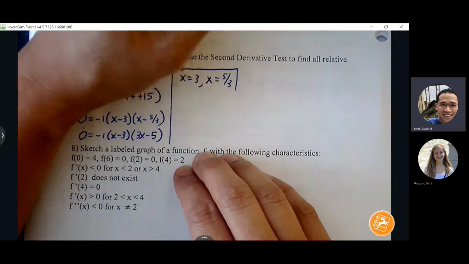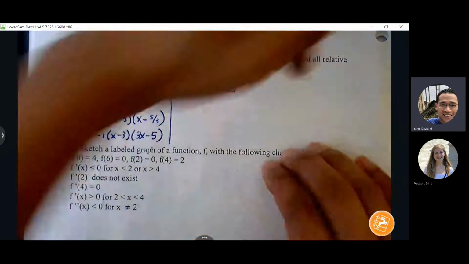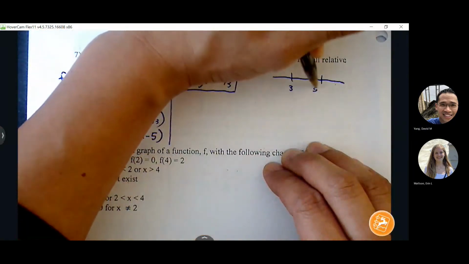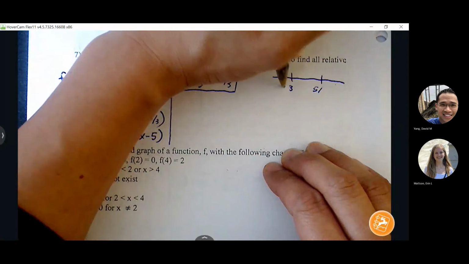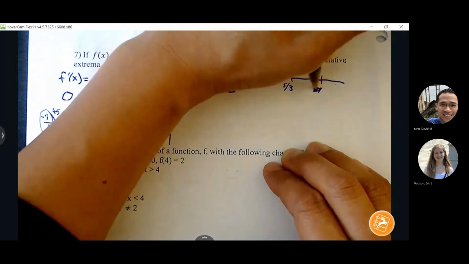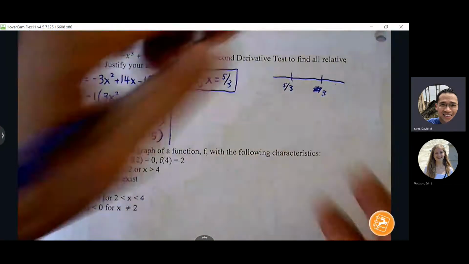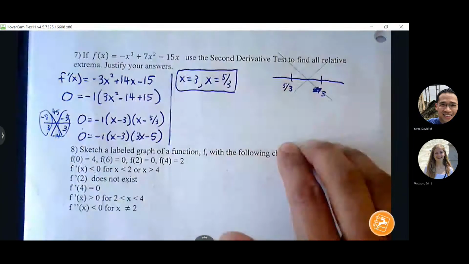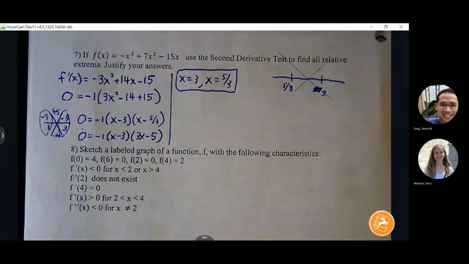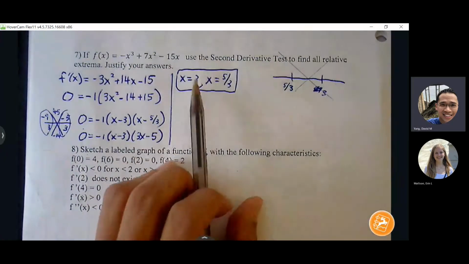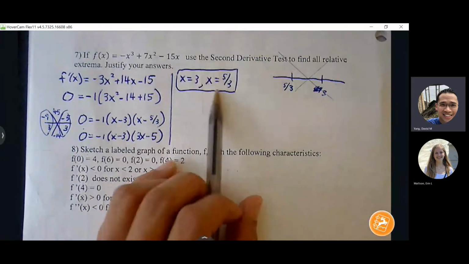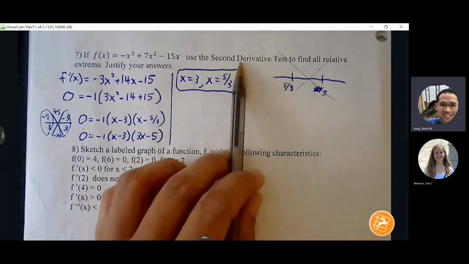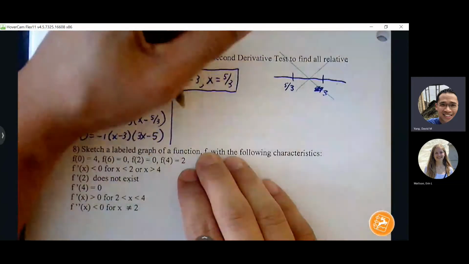Now we know that these are our candidates, but rather than doing a slope sign line, right, we're going to do something else because that's the first derivative test. We're going to determine whether these are max and mins going through a different method, and that's the second derivative test. Okay, so we're going to find the second derivative function.